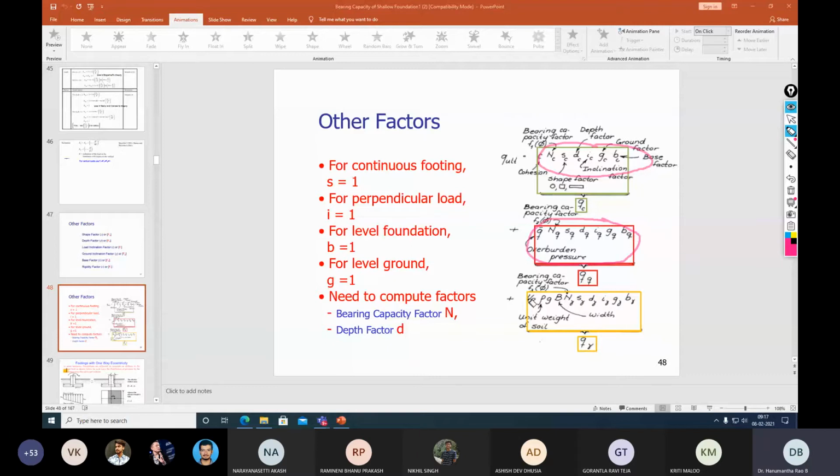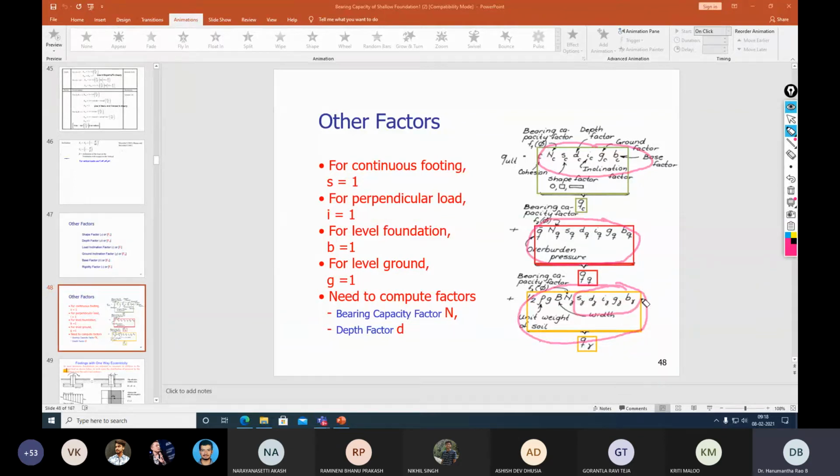The last one is called the self weight component. So this is, you can see, half gamma B N gamma S gamma D gamma I gamma G gamma and B gamma, where gamma is the unit weight of the soil, that is rho g multiplication, which is nothing but gamma. B is the width of the footing, N gamma is the bearing capacity factor.